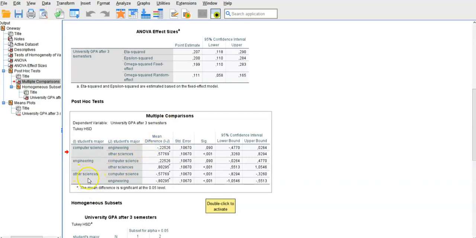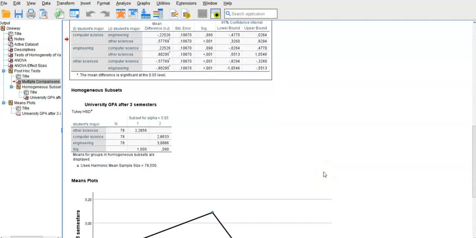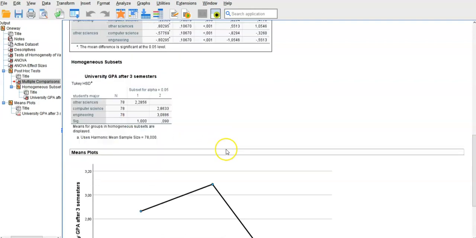You can see in the summary that other sciences have a significant result with both of them. This is about the homogeneous subsets, and you can see that only other sciences are in a different subset. This means this one is greatly different from the other ones.